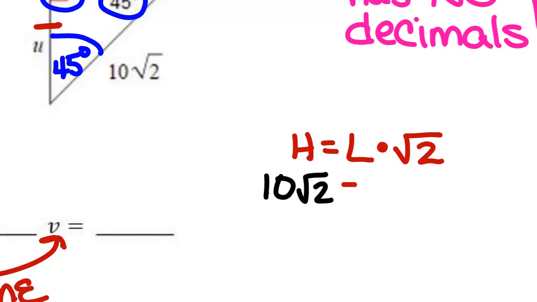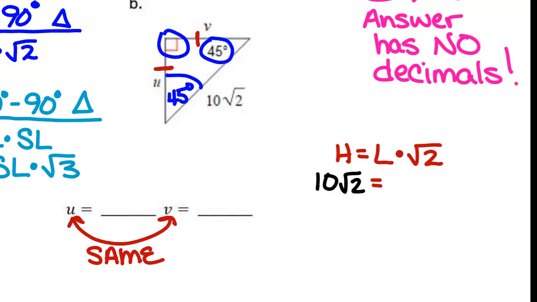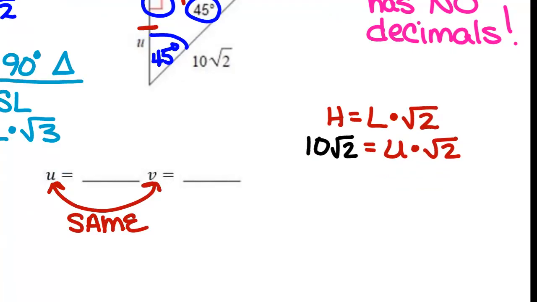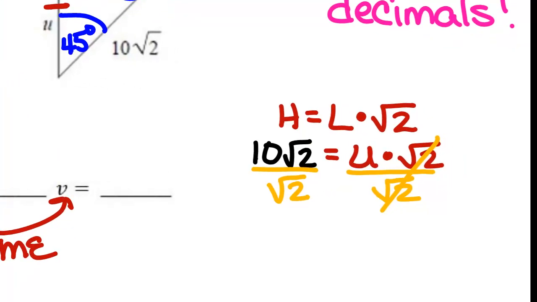I need to pick one of those legs to put in for L. Are you guys okay if we go with U? 10 radical 2 equals U times radical 2. I want U all alone, so I'm going to divide both sides by radical 2. It's going to cancel out over here on the right.